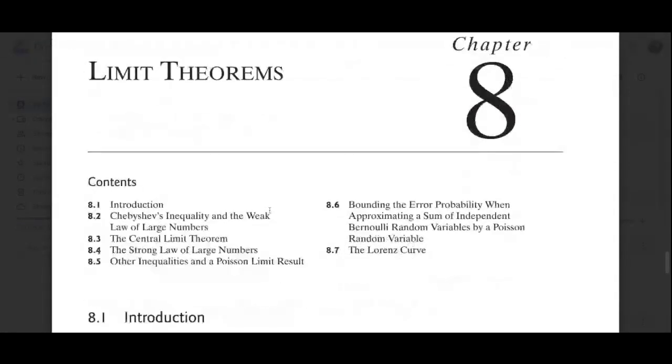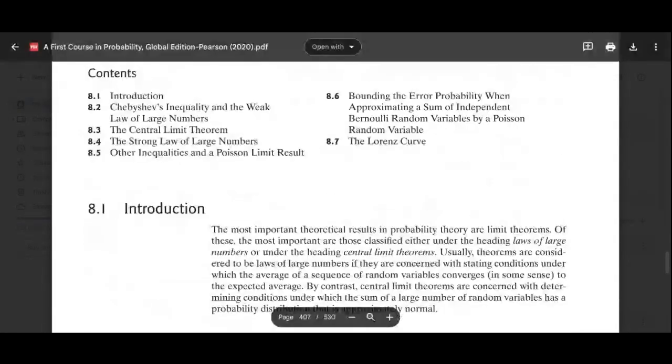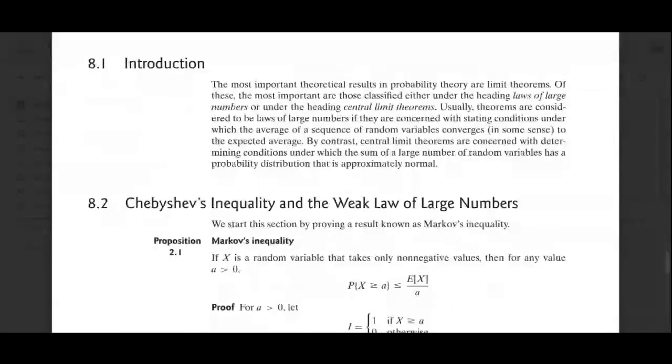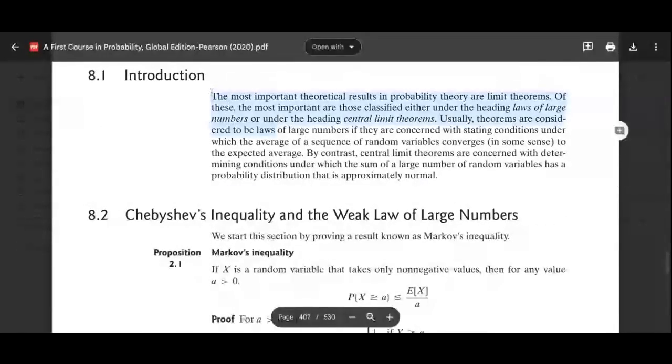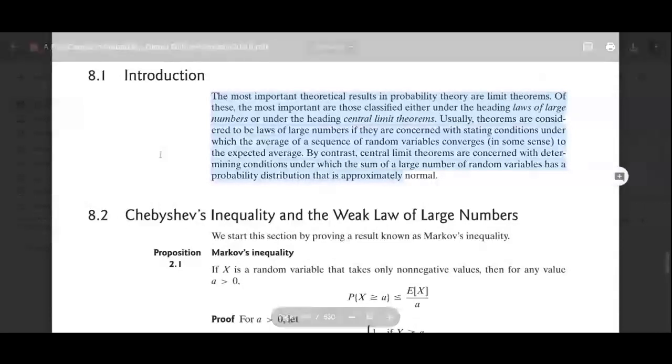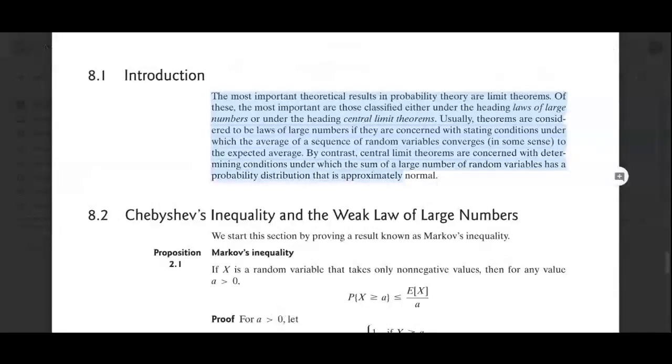So 8.1. All right, limit theorems. Introduction. Okay, the introduction is this much, so let's read. The most important theoretical results in probability theory are limit theorems. Same thing for statistics. Of these, the most important are those classified either under the heading laws of large numbers or under the heading central limit theorems.